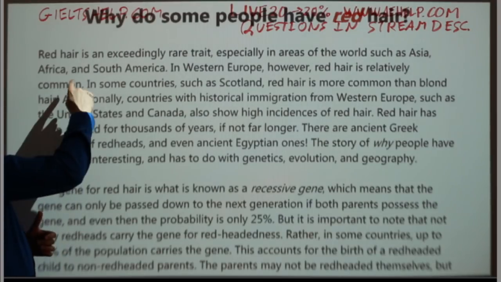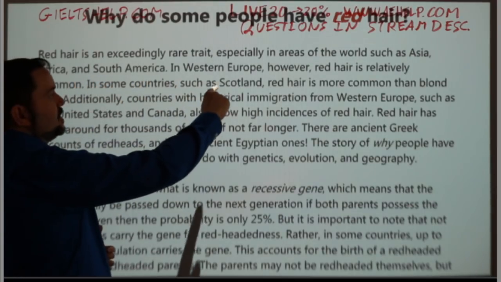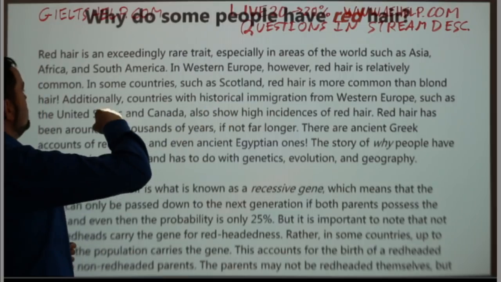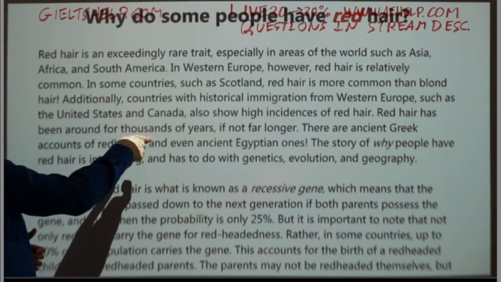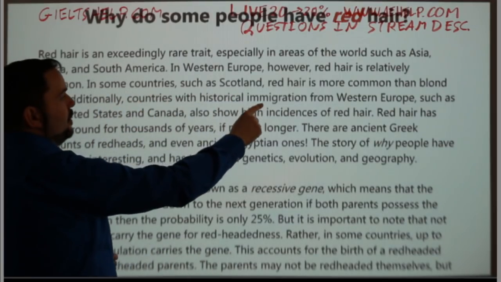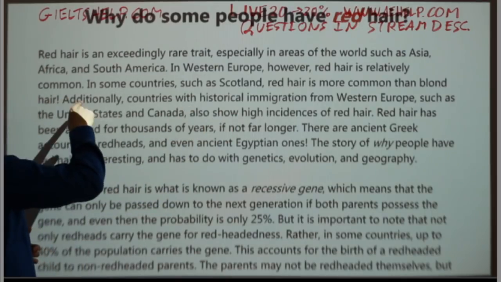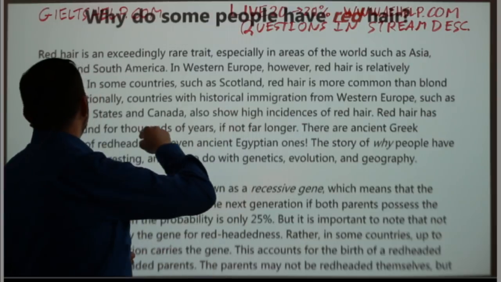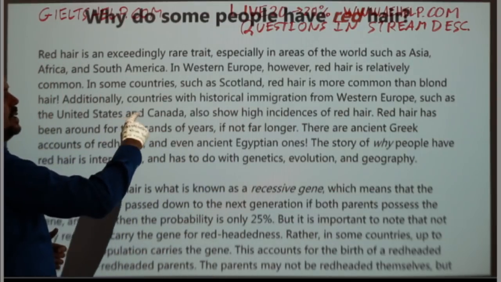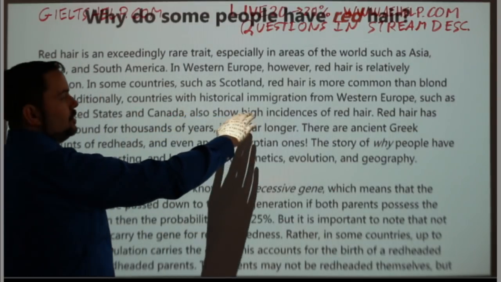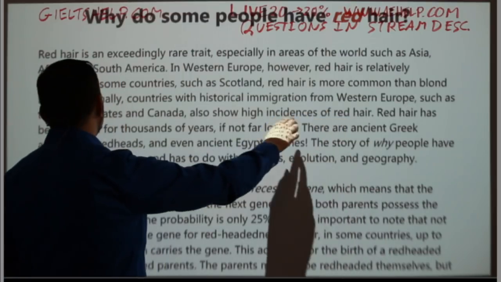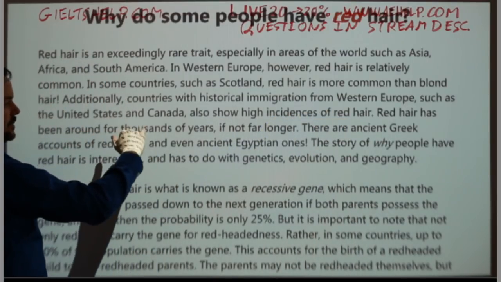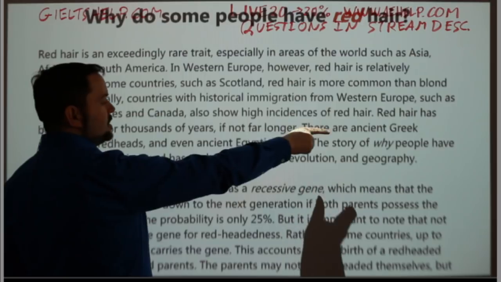So red hair is an exceedingly rare trait, especially in areas of the world such as Asia, Africa, and South America. In Western Europe, however, red hair is relatively common in some countries, such as Scotland. Red hair is more common than blonde hair. Additionally, countries with historical immigration from Western Europe, such as the United States and Canada, also show high incidences of red hair.